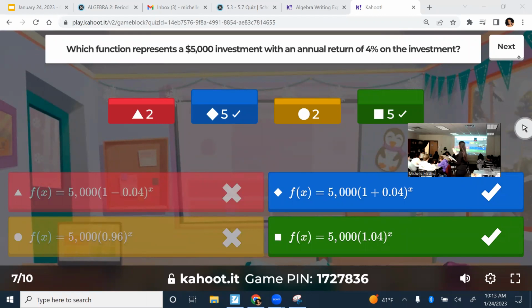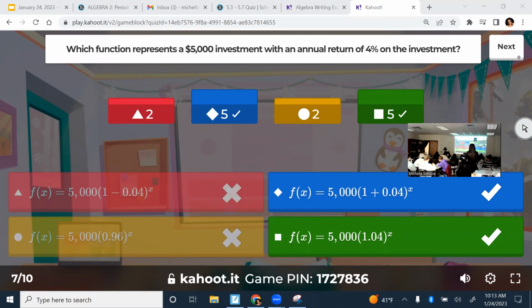I'm glad it's starting to trend in the better direction, like we're getting more people getting the answers right. You should be able to eliminate a few answers based on whether it's growth or decay. So would the $5,000 increase or decrease if the annual return is 4%?